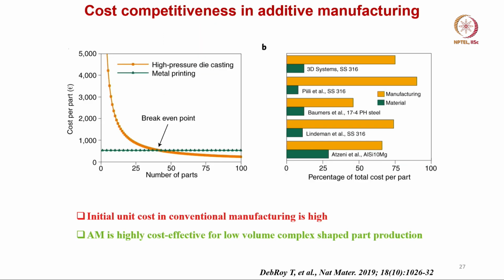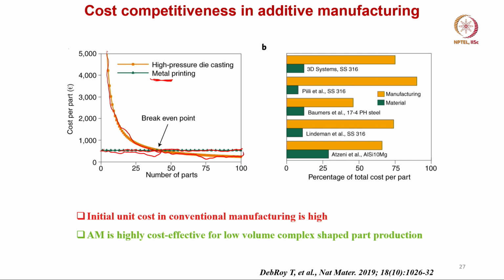So, just to explain more on this part, what you see here again is cost per part by number of parts. Earlier you have seen cost per part by complexity, and in this slide you see cost per part by number of parts. Now, again in the context of metal, the green line is metal 3D printing, and you can see that with more and more number of parts, the cost remains the same, whereas this other line, the non-linear variation, is high pressure die casting.